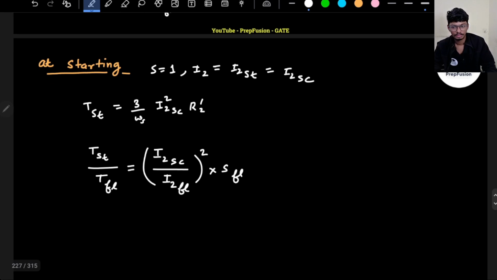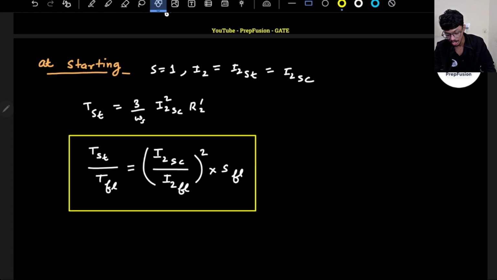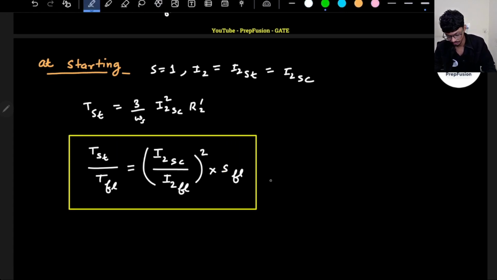This is the ratio with direct online starting, and we will compare this ratio with all the others. How much am I able to improve it? I hope you have understood this point.